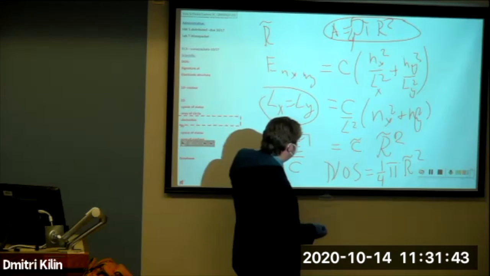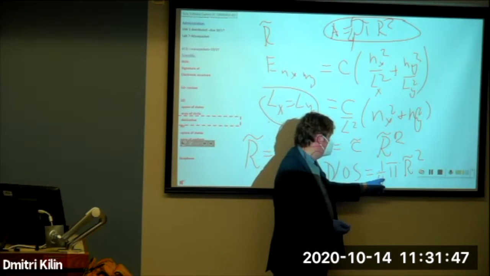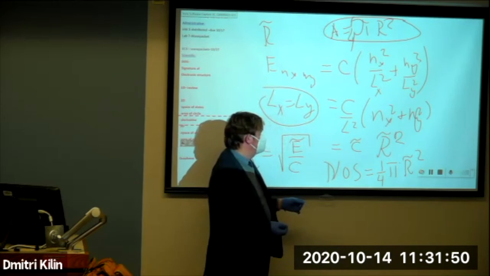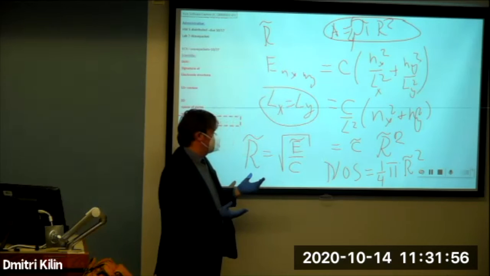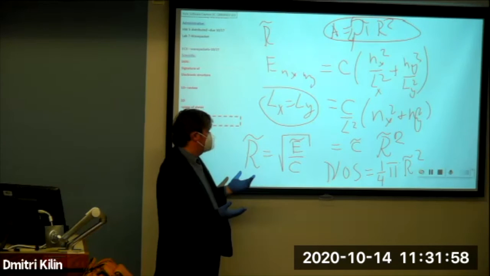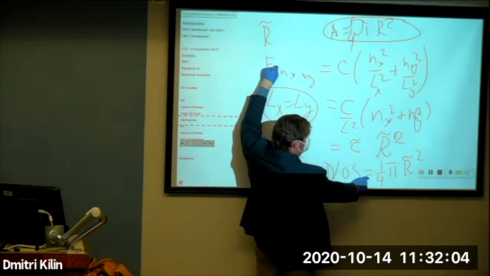We can identify the radius squared with pi/4 r squared, which is the number of states. So how can we combine these two things?